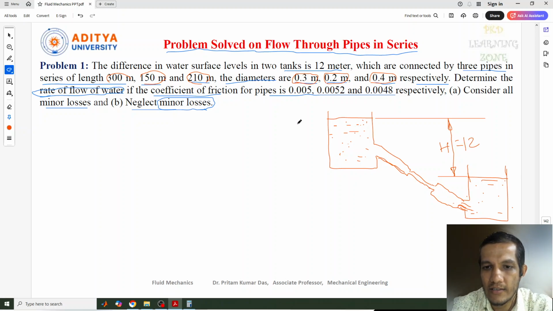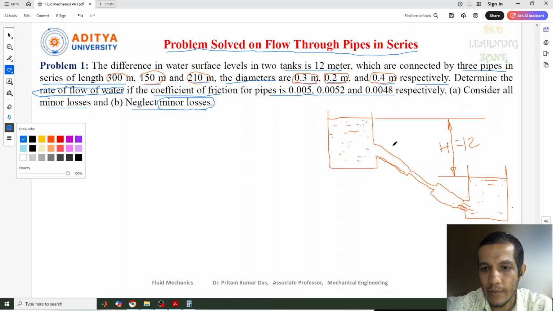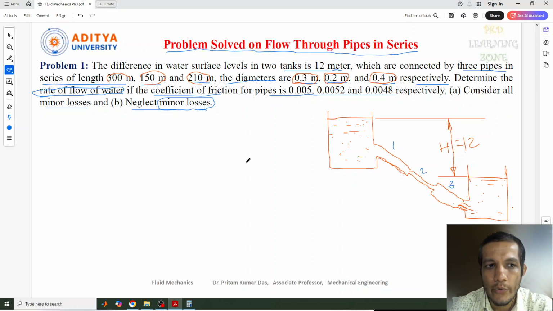See, from this tank to this tank, the fluid is flowing through three different pipes. We can mark them: this is pipe number 1, this is pipe number 2 and this is pipe number 3. These three pipes all have different lengths.